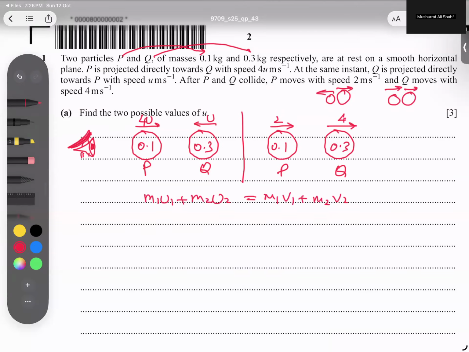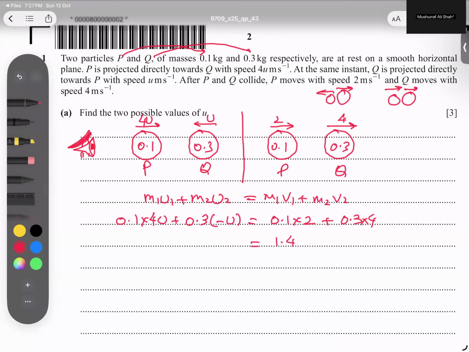The important part is about to come. I will not put U, I will plug in negative U. And M1 is 0.1 into 2, and 0.3 into 4. Right-hand side, if I calculate, I get 0.2 plus 0.3 into 4, which comes to 1.4. On the left-hand side, I get 0.1 into 4U and negative 0.3U.